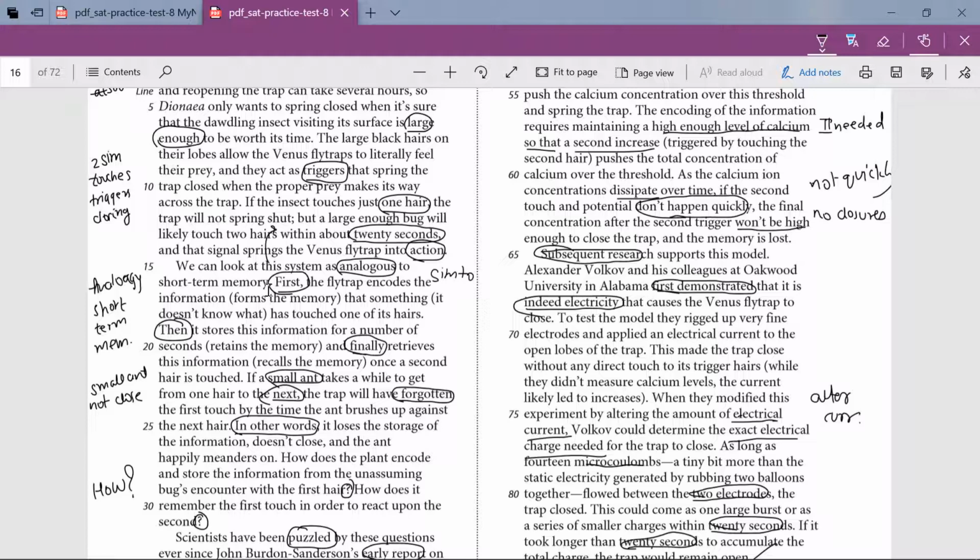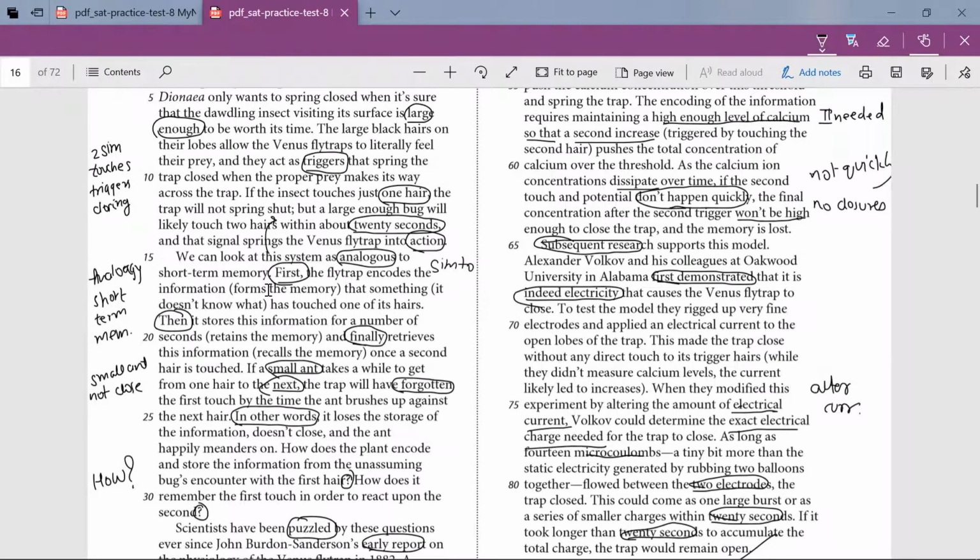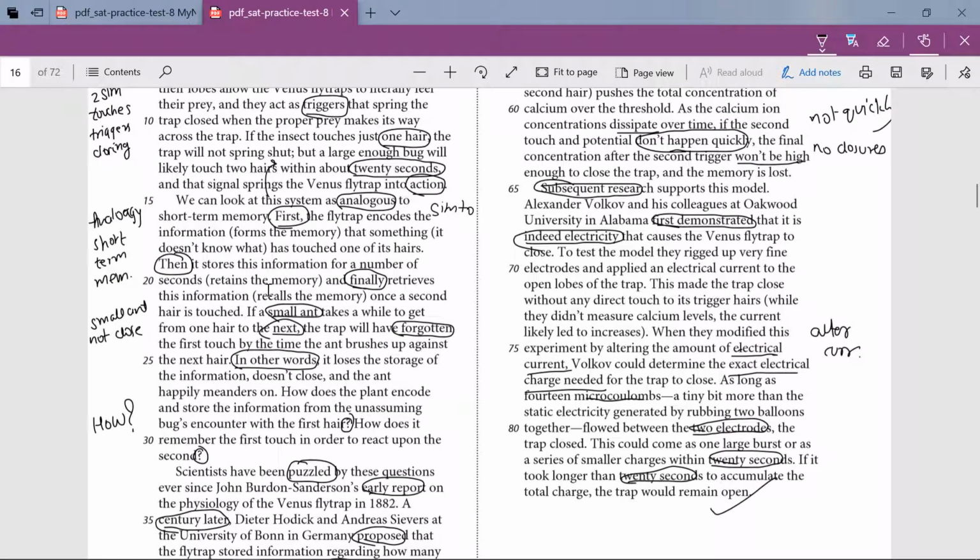So this system is something similar to the short-term memory that human beings have. Then they have given a whole lot of explanation of what this system is about, some kind of analogy, how it relates to our short-term memory, how it is similar. First, the flytrap encodes the information, forms a memory that something, it doesn't know what, has touched one of its hairs.